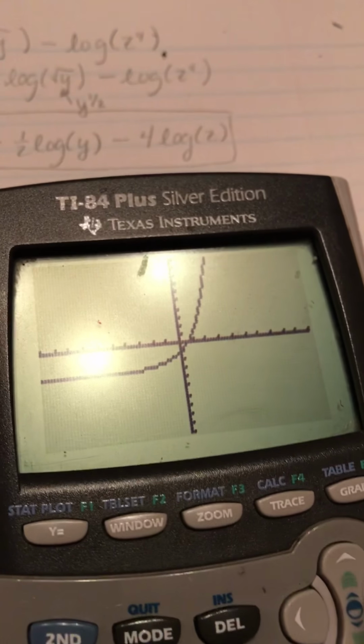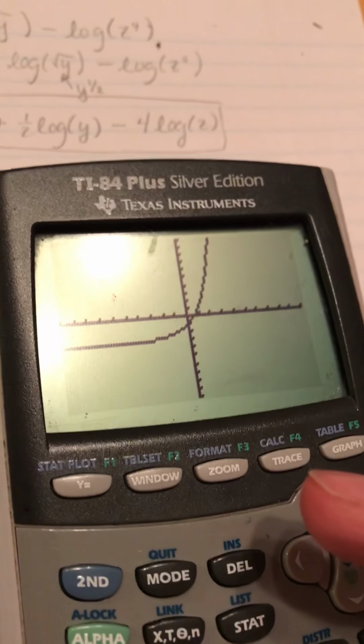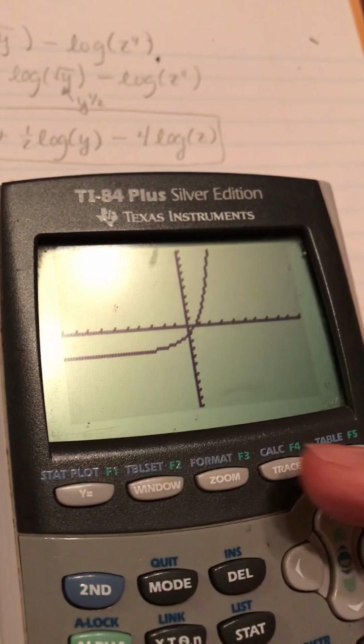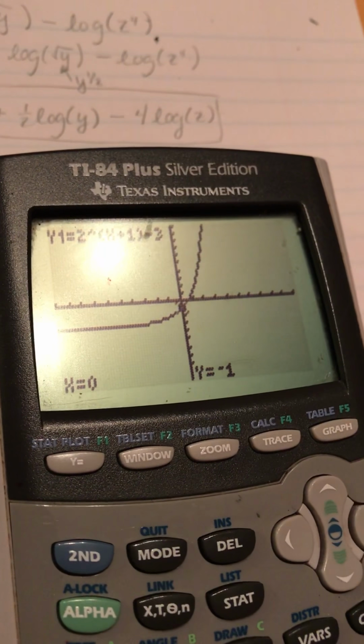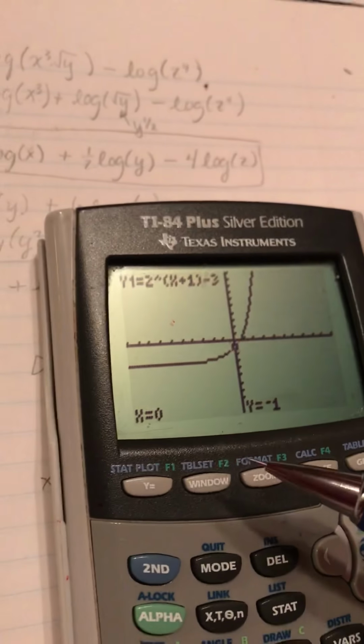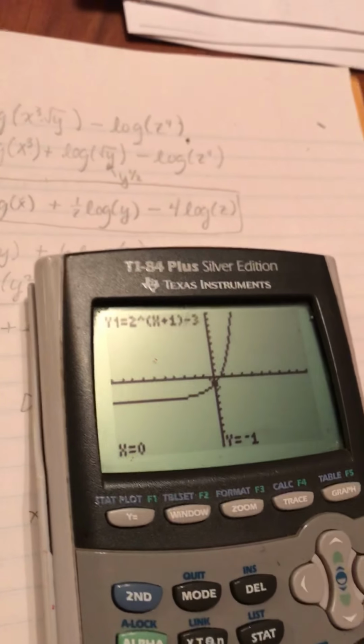In fact, after you graph a function in the standard mode, zoom standard, minus 10 to 10, if you hit trace, first thing it lands on is the y-intercept. So that's always nice if you want to graph something and then just hit trace. You can see the y-intercept right off the bat.